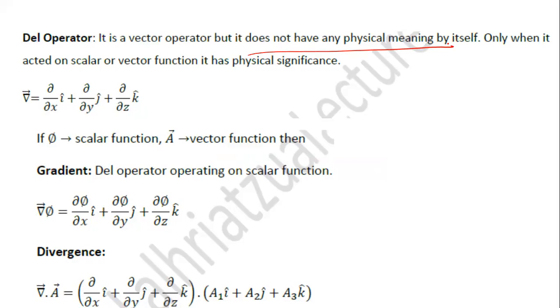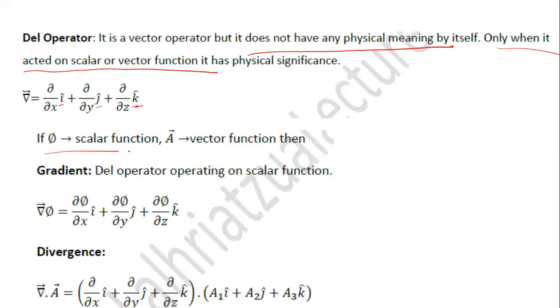It is only a certain mathematical operator, having vector quantities like i cap, j cap, k cap, the unit vectors along the three-dimensional Cartesian coordinates x, y, and z axis. So only when it acts on certain physical scalar and vector functions does it have a physical meaning. We will look into that.